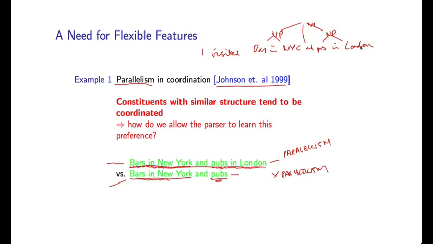Knowing that there's a preference for parallelism in coordination can help me give a preference for parse trees with these kind of parallel structures. Now, I would challenge you to go back to the lectures on probabilistic context-free grammars and try to figure out how to incorporate this preference within a probabilistic context-free grammar, because it is really not entirely straightforward. So that will be one of the motivations for global linear models. We'll see that it's actually very easy to incorporate this kind of feature within that model.